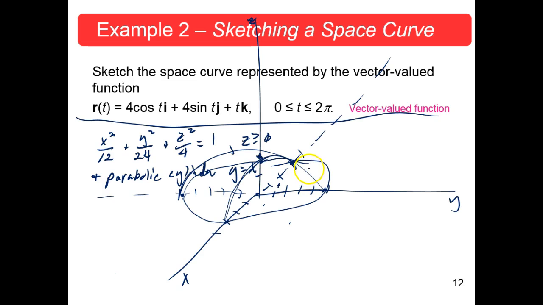My graph is pretty pathetic, but this is the parabola there, and it's going to come up and intersect this thing here, something like that. It's going to be a lot weirder than that. In fact, let me show you how weird it is.